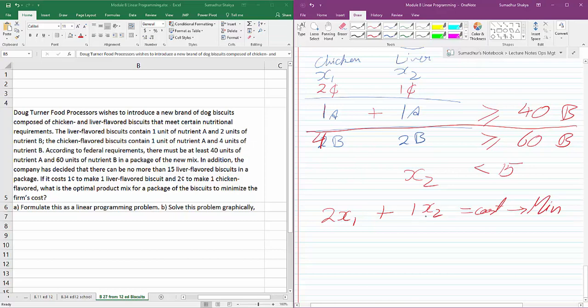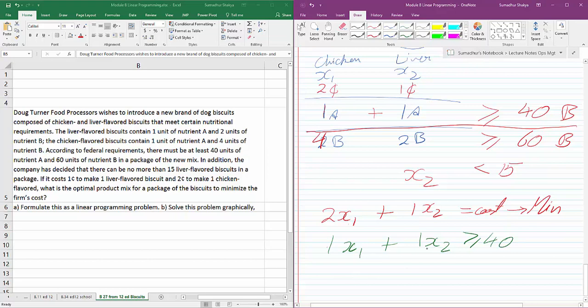Then whatever x1 and x2 comes out to be, the nutritional value in the package would depend on the number of biscuits in the package. So, 1 times x1 plus 1 times x2 has to be greater than or equals to 40.